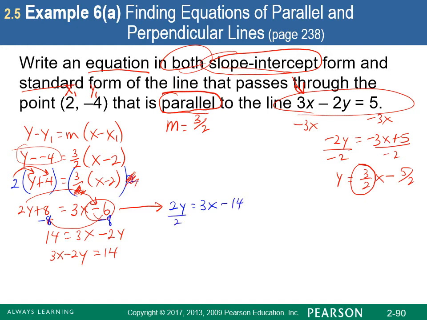Then if we divide by 2, we get 3/2 x and 7. So there are both forms for that equation.